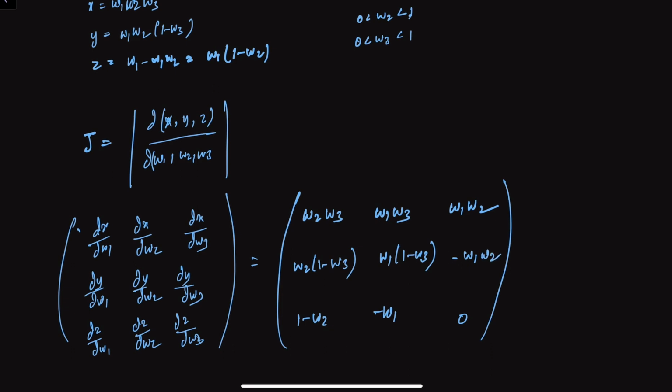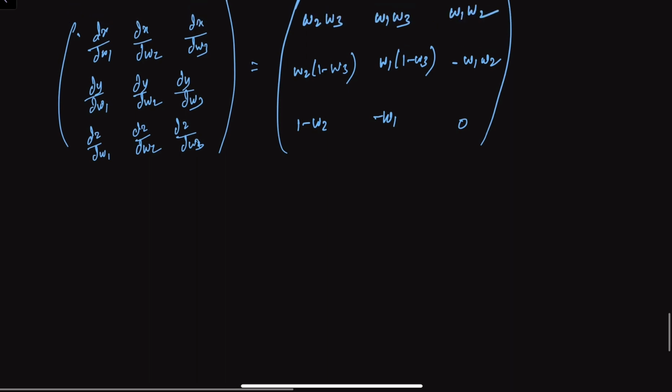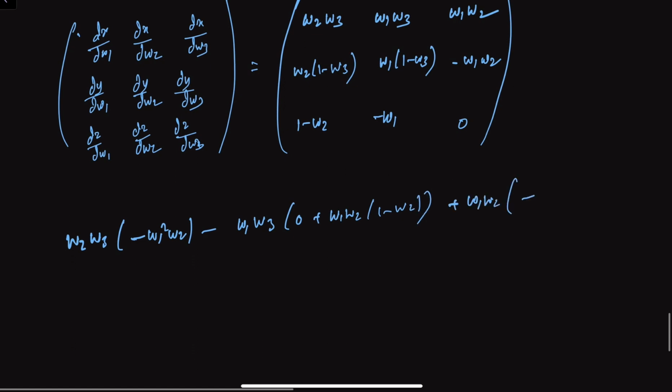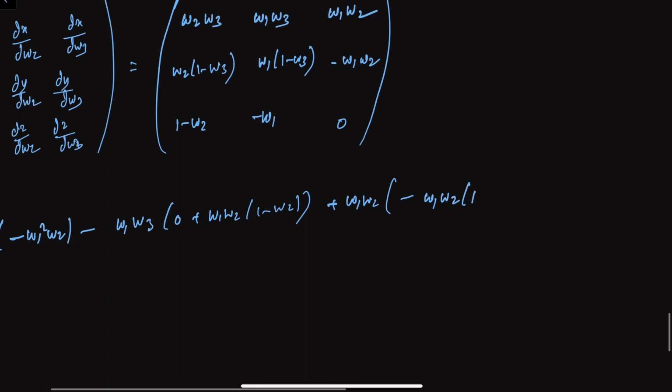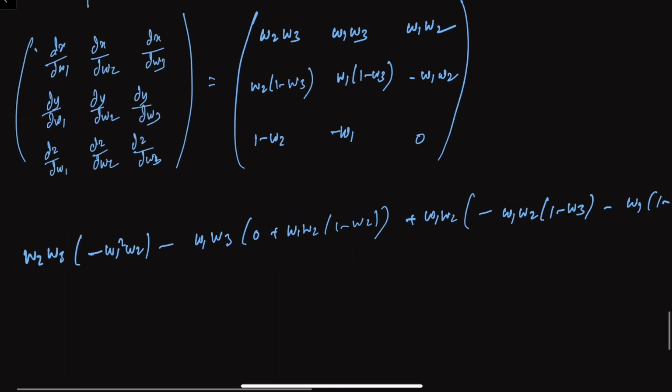So the determinant of this matrix would be W2 W3 into (0 minus W1 square W2), minus W1 W3 into (0 plus W1 W2 into (1 minus W2)), plus W1 W2 into (minus W1 W2 into (1 minus W3) minus W1 into (1 minus W3) into (1 minus W2)).